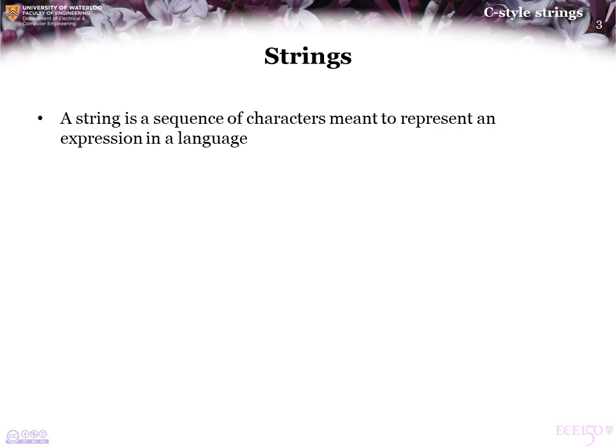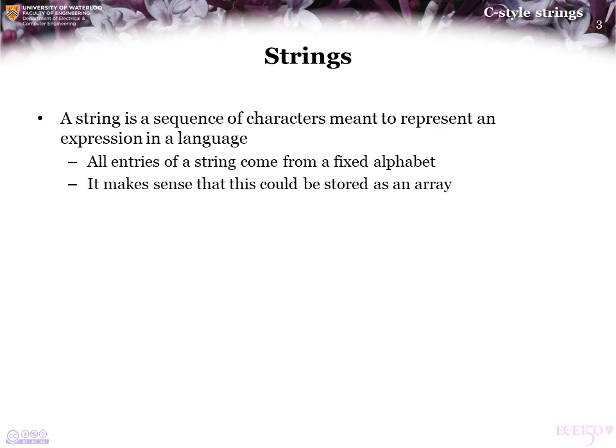Now, a string is by definition a sequence of characters meant to represent some sort of expression in a particular language. Consequently, all the characters or all the entries of a string must come from a fixed and known alphabet. Well, if we are doing this, then it makes sense that we could actually store such a string in an array.